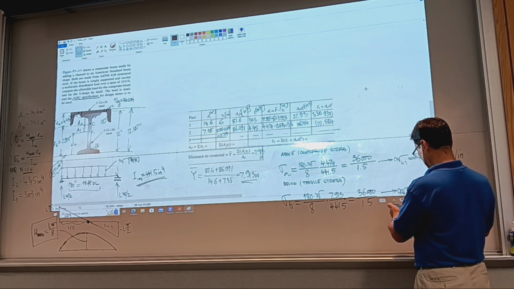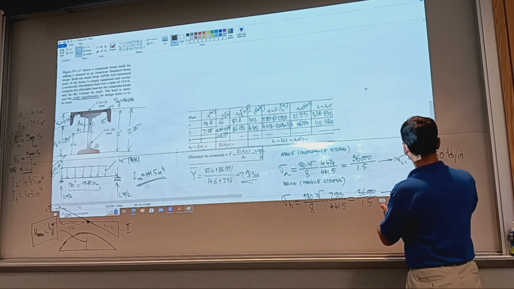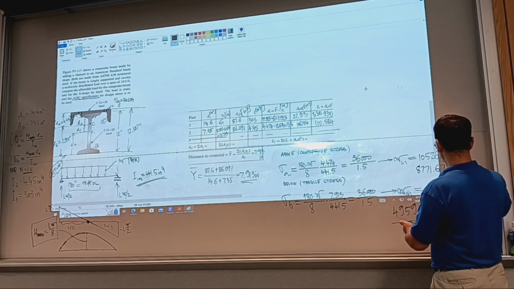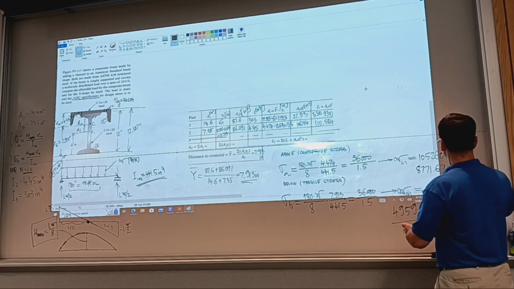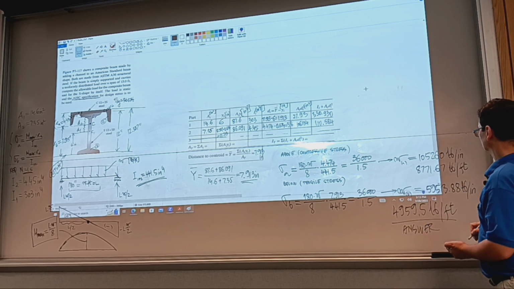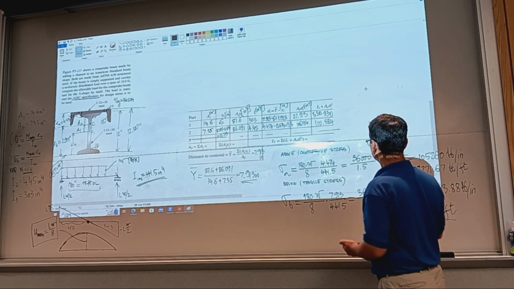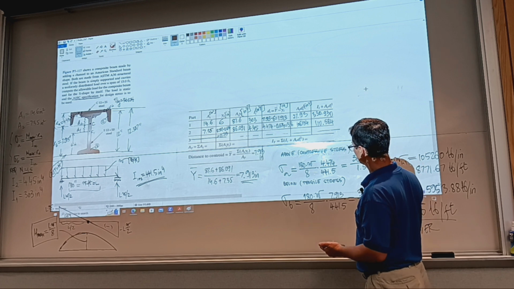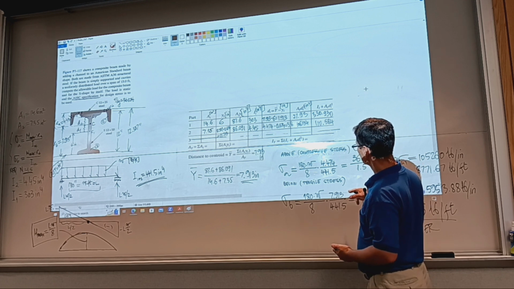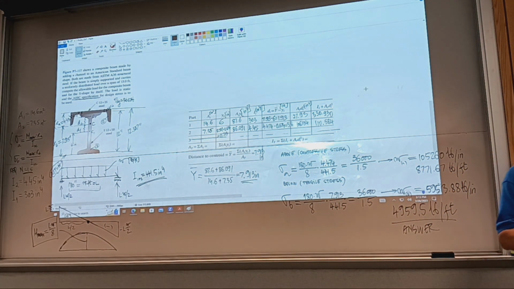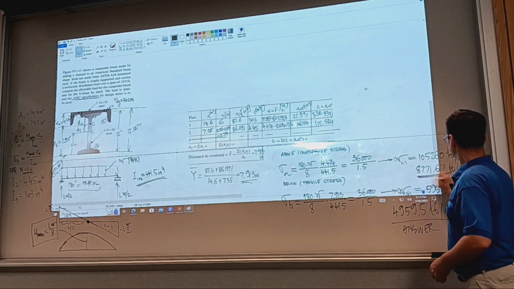If I divide by 12, I get 8771.67 pound per foot. Yeah, that's almost double the value. Instead I should have multiplied by this and then divided by this, because it's flipped. Anyway, we finalized calculations.